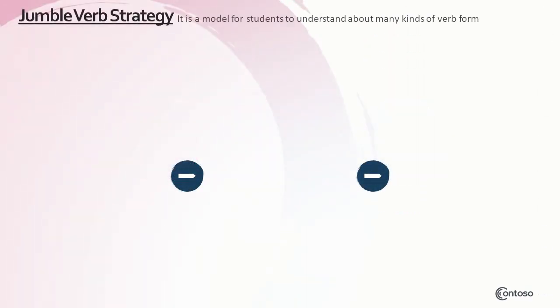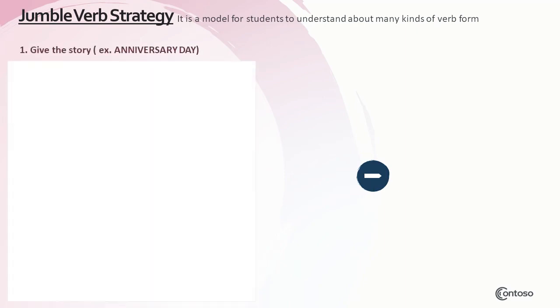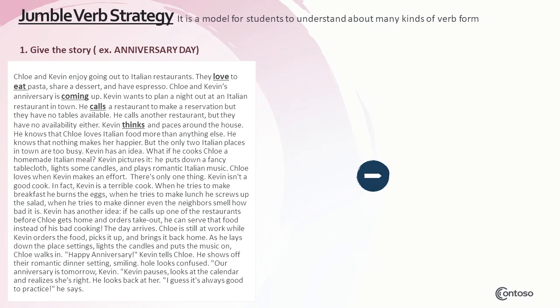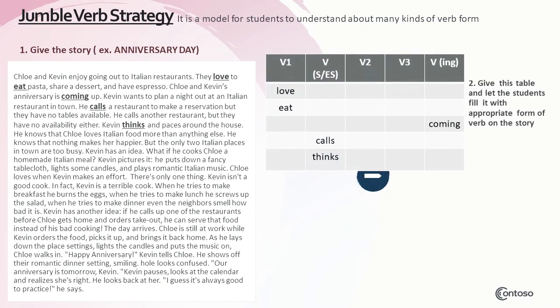Jumble verb strategy. It is a model for students to understand about many kinds of verb form. Firstly, give the story to your students. For example, I have an anniversary day story. Let your students read it.